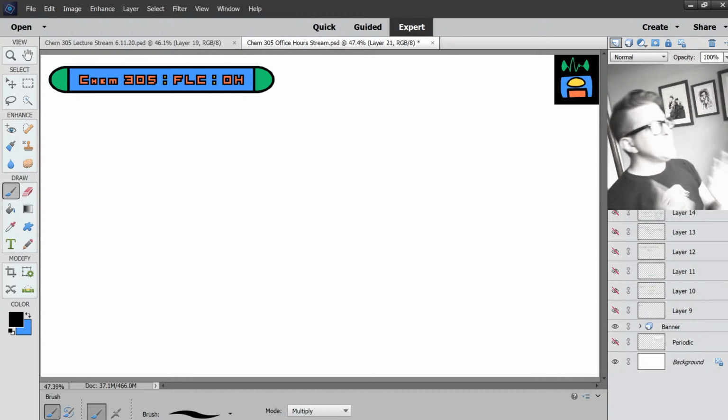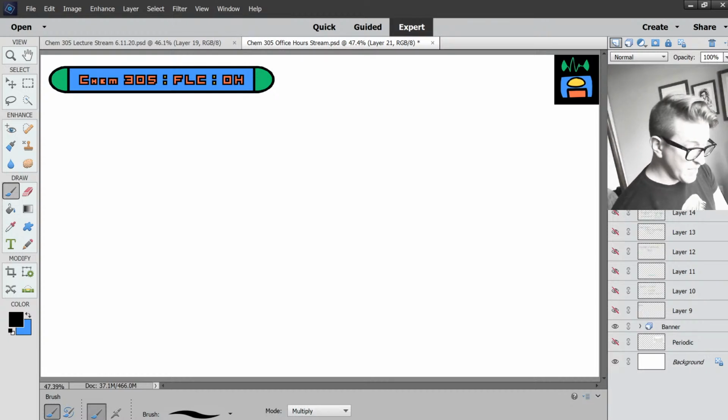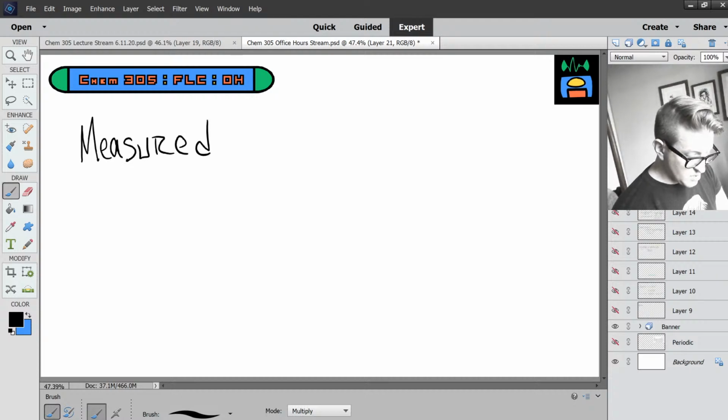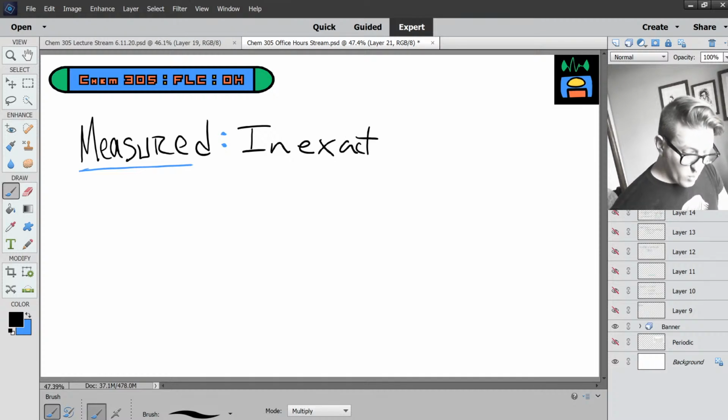There are two types of quantities that we'll be interacting with. There are measured quantities. If something is measured, that means it's inexact, which means we've got to deal with sig figs.